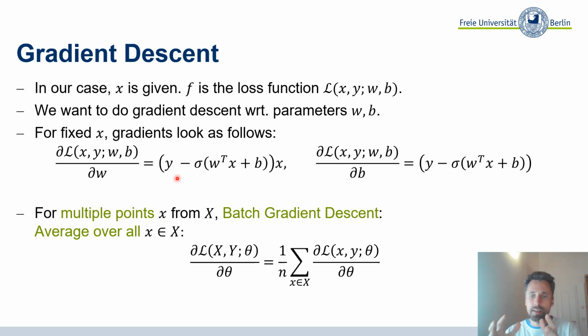We usually take a batch of samples, so let's say 32 or so samples, and then we average our gradient over these input-output pairs and the gradients that we receive by evaluating these terms here. And then our update is done after calculating the gradients for each of these 32 samples.